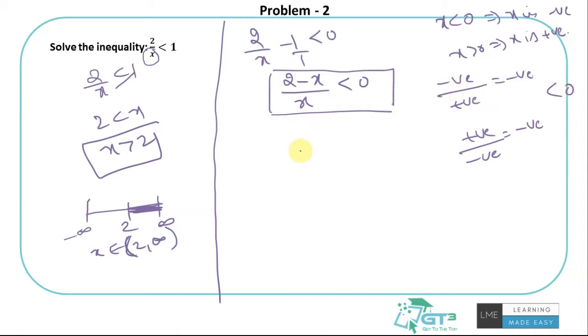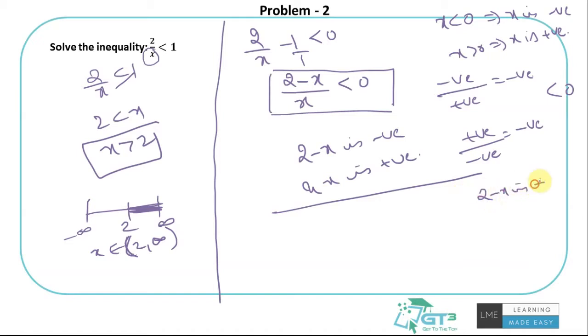That means 2 minus x is negative and x is positive, or 2 minus x is positive and x is negative, right? Both the cases are good enough to satisfy this inequality.